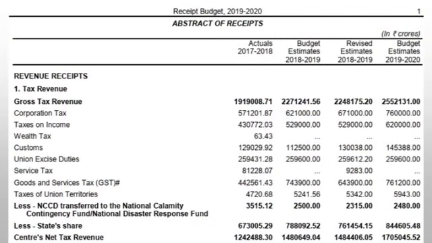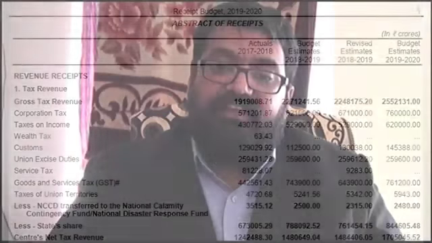But as I said friends, out of these gross receipts, a certain amount has to be given to the states. Let's see once again. This we have already seen previously, but if you see the bottom one, less states' share. Out of gross receipts, a certain amount will go to states. If you remove that, then the money is what we have seen in the previous table.